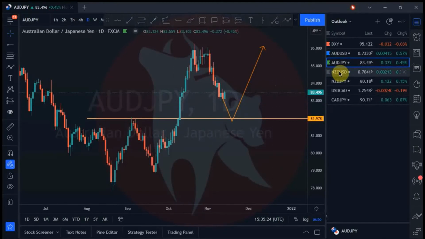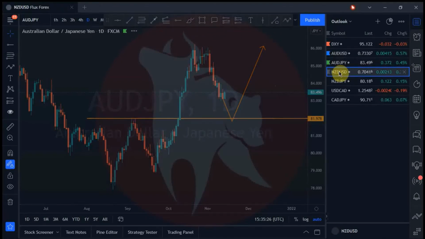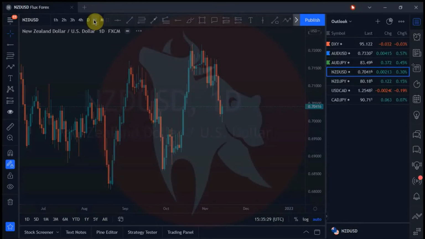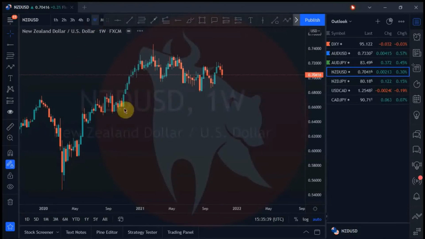Let's quickly look at what NZDUSD is also doing. Let's look at what is happening from a weekly standpoint.